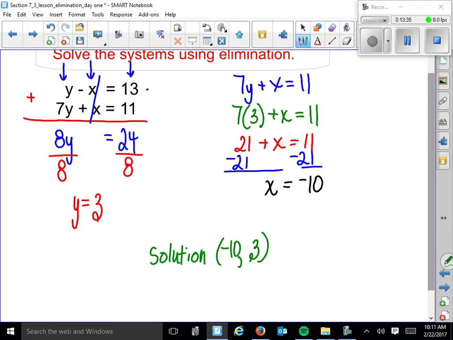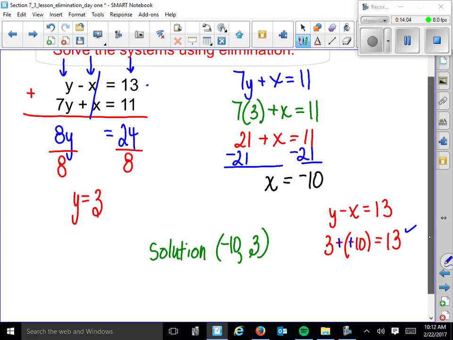Okay, I haven't been checking all of the problems, but I think it's time that we do go ahead and check. So with the first equation, y minus x equals 13. I know that y is 3, x is negative 10. Does that equal 13? Well, 3 minus a negative 10 is the same thing as 3 plus 10, so sure enough, that's equal to 13.